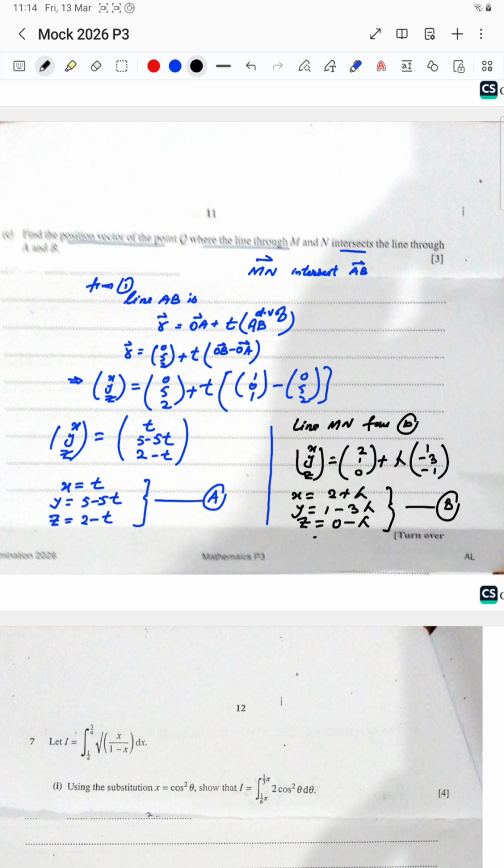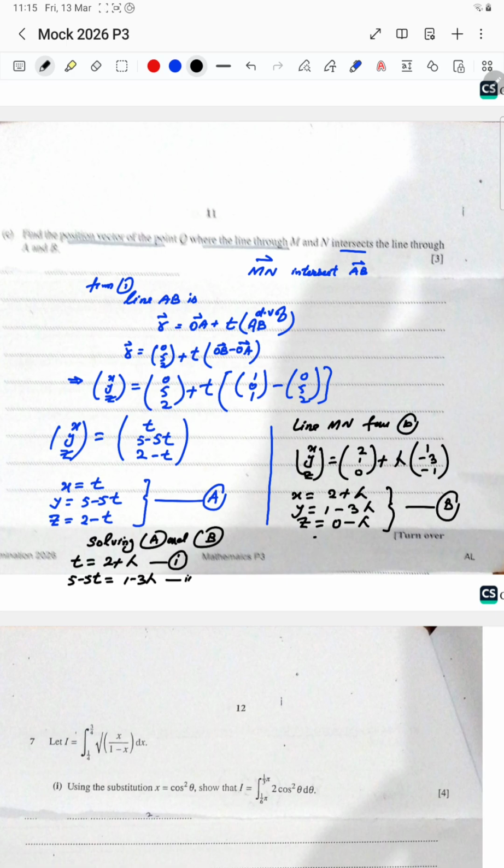Solving A and B simultaneously, it means t is equal to 2 plus lambda. This is equation 1. Then 5 minus 5t is equal to 1 minus 3 lambda.